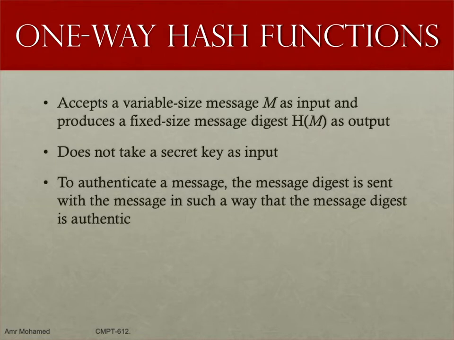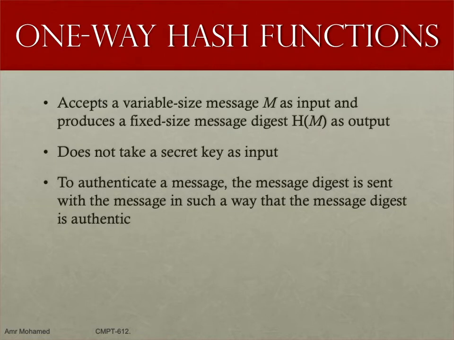We can use hash functions for the integrity part, and then for the key we can use something else like encryption, because we said encryption techniques can in fact be used for authentication, but they cannot be used for integrity. So if somehow we can integrate the hash with the encryption, we can do both. So this is the first approach.